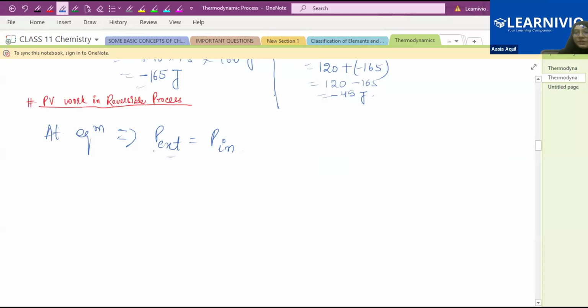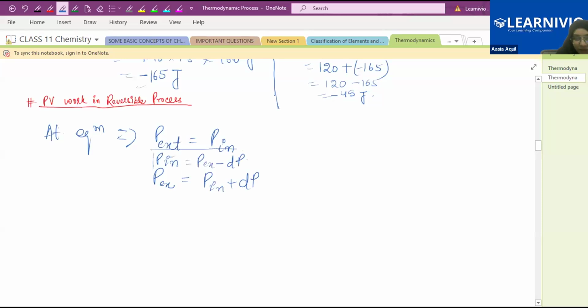And we know that in the reversible process, at each and every step there will be an equilibrium. It will follow the equilibrium trend. So when you remove that weight, P external is equal to P internal plus dP. Before that, you can write that P internal is equal to P external minus dP, from the reversible process.